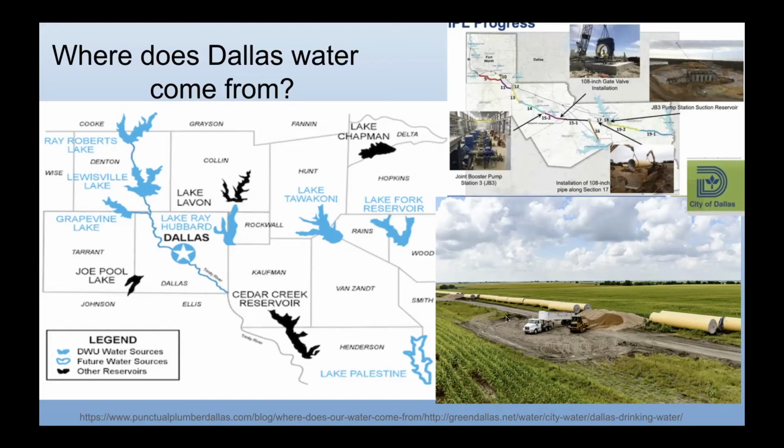I live near Cedar Creek Reservoir, and when I first moved there they were creating a pipeline to connect it to the Dallas water sources. I know a lot of people at the time were not very happy because they were digging up people's land to dig those pipelines. But that's important because we need water after all.